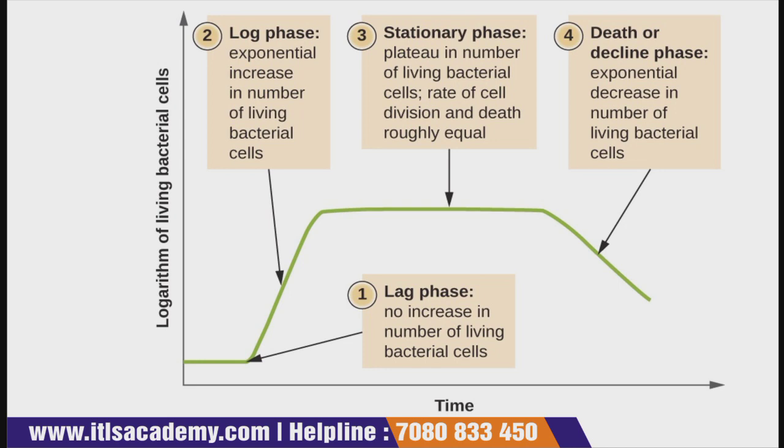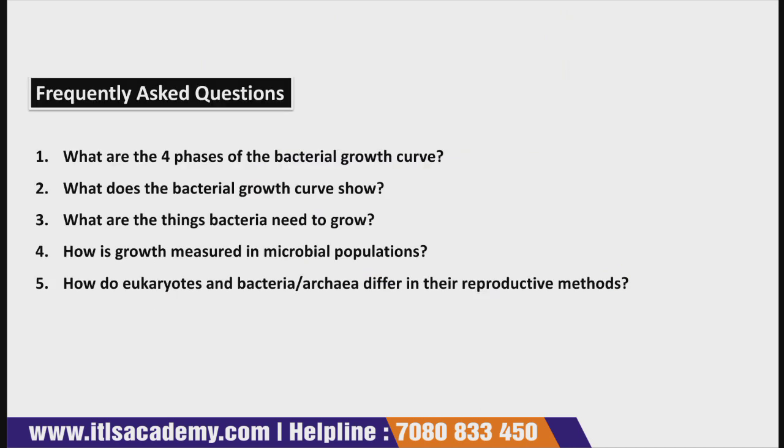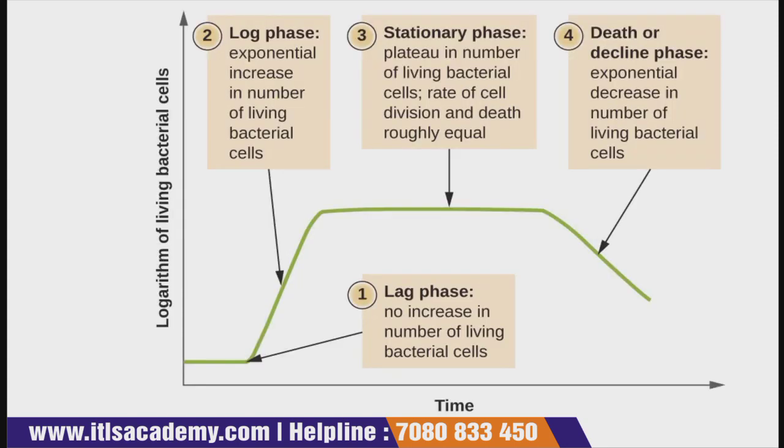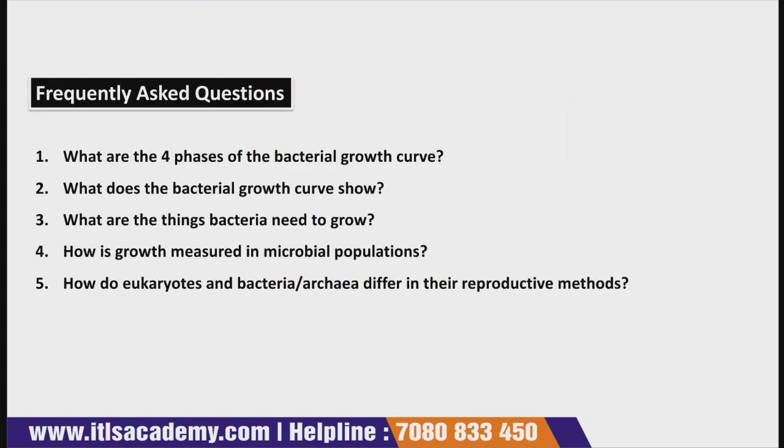So now let's quickly see some questions. The first question says, what are the 4 phases of the bacterial growth curve? You have to explain the lag, log, stationary and death phases. You can simply explain this graph by marking it and explaining it. Now, what does the bacterial growth curve show?